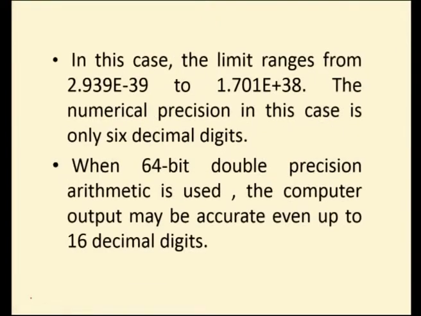In this case, the range is from 2.939e-39 to 1.701e+38. The numerical precision in this case is only 6 decimal digits. When 64-bit double precision arithmetic is used, double precision and single precision will be discussed later, the computer output may be accurate even up to 16 decimal digits.